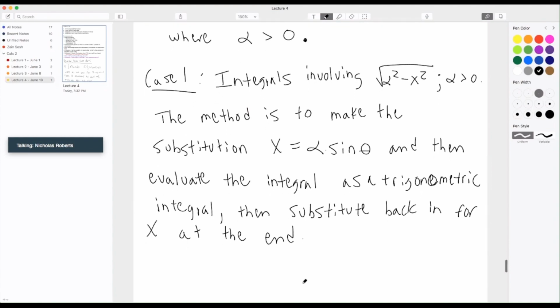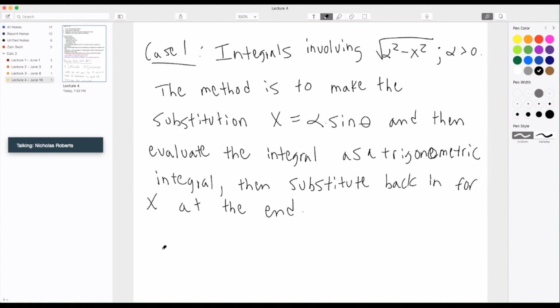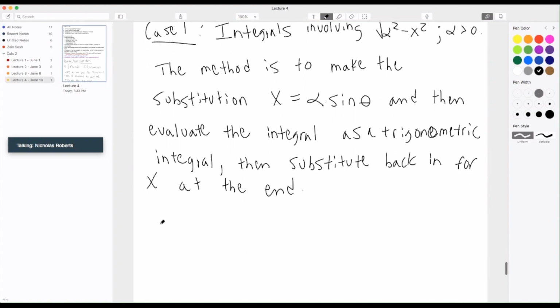First of all, where in the world did I get that substitution x equals alpha sine theta? Why am I doing that? Here's some intuition as to why x equals alpha sine theta works.